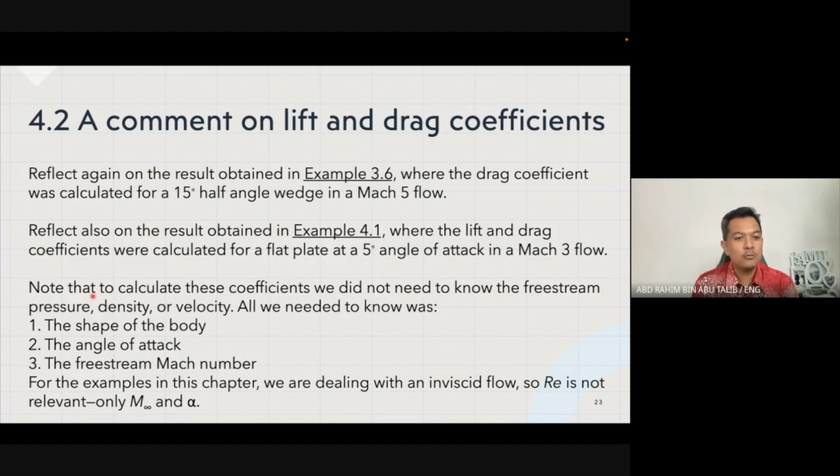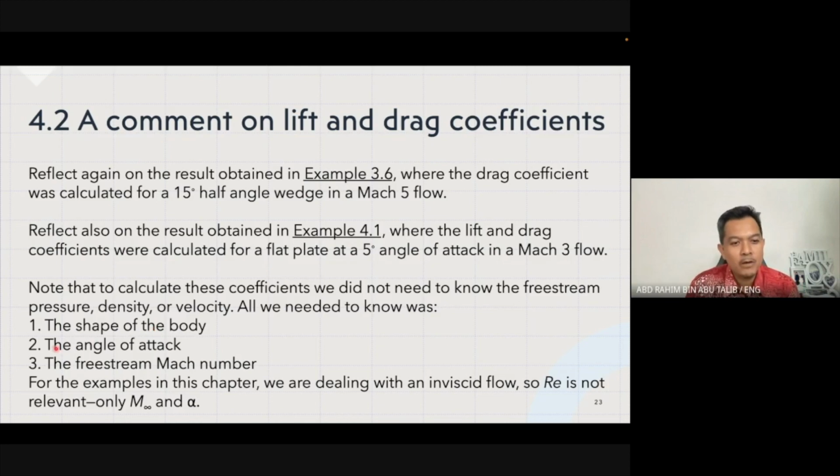We note that to calculate the coefficient CD or CL, we did not need to know the free stream pressure, free stream density, or the velocity. All we needed to know was the shape of the body: is it a flat plate, a diamond wedge, or an airfoil?